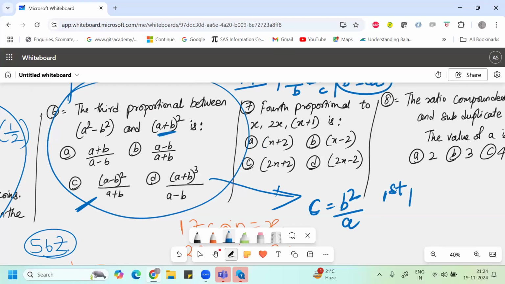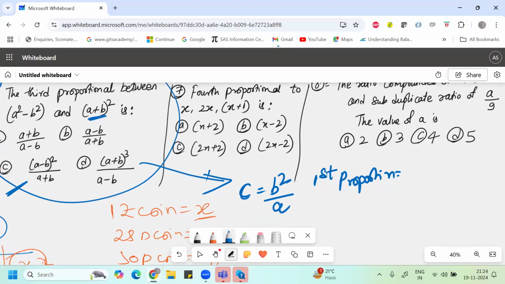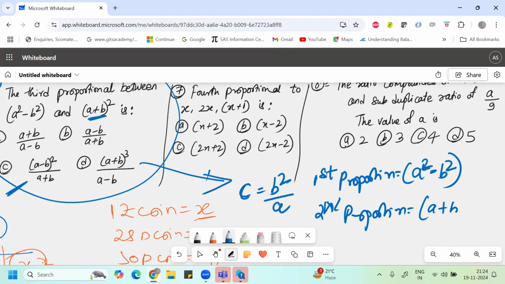Your first proportion is A square minus B square. Now what is your second proportion? Your second proportion is A plus B whole square.